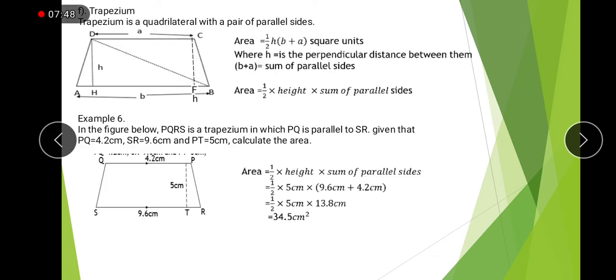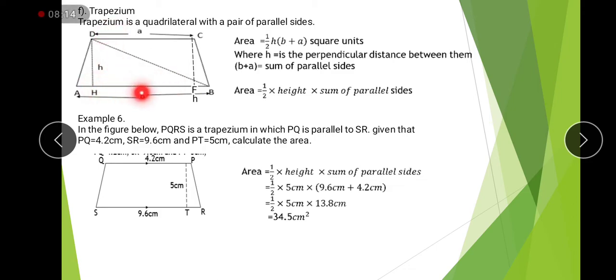Now, finally, we are going to look at how to find the area of a trapezium. Now, we say that trapezium is a quadrilateral with a pair of parallel sides. Now, look at this figure. And this is what we call trapezium.